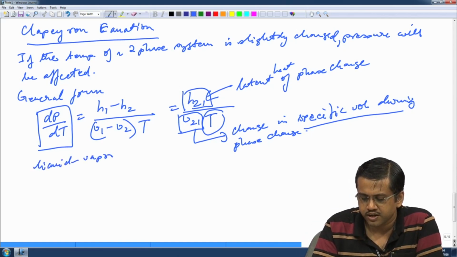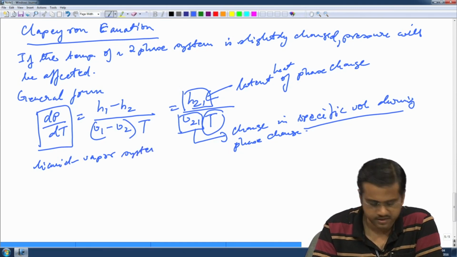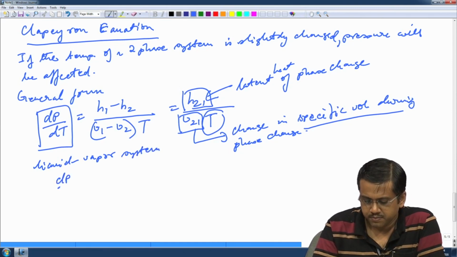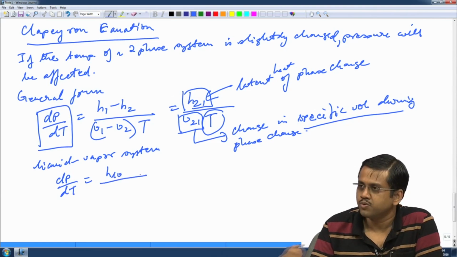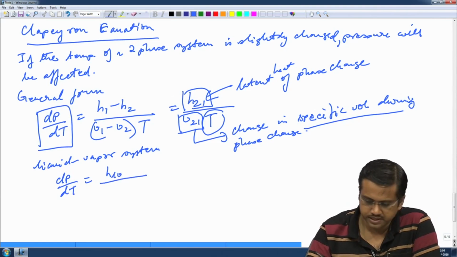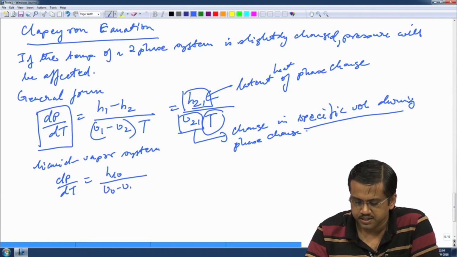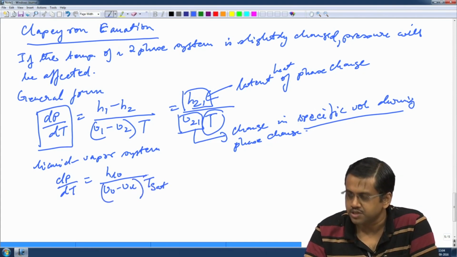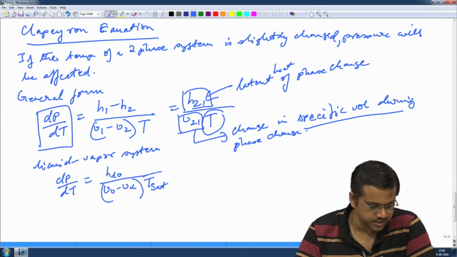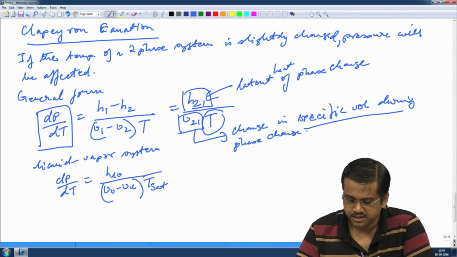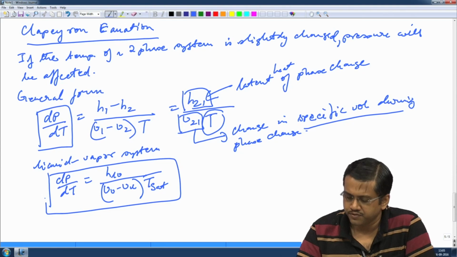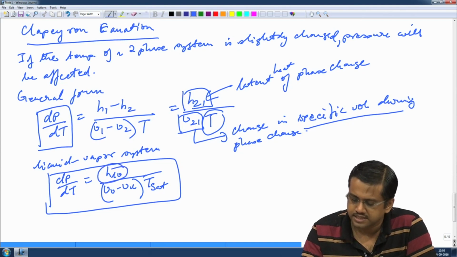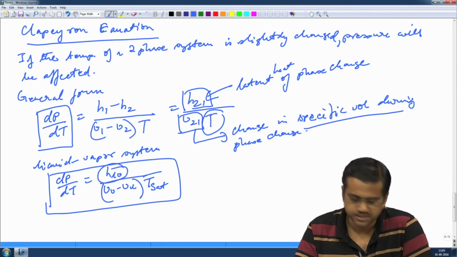For a liquid vapor system specifically, dP by dT is given by HLV, in that case 1 and 2 are the liquid and the vapor, divided by Vv minus Vl, times the T saturation. So, this particular relationship is the same, except that this is now the latent heat of vaporization essentially.